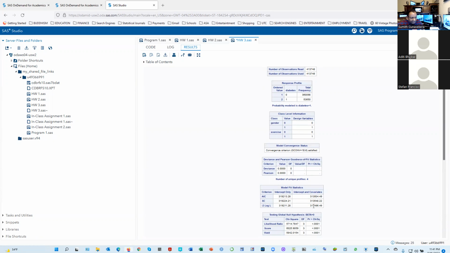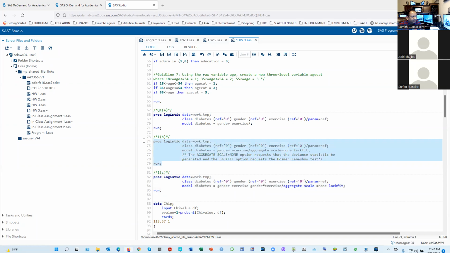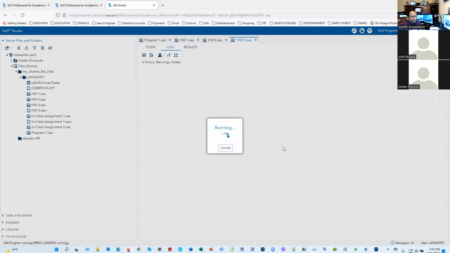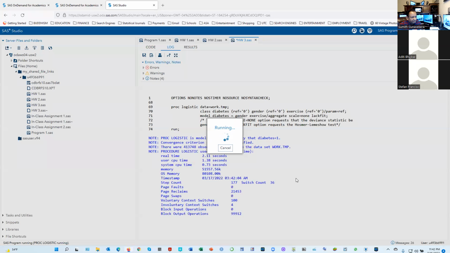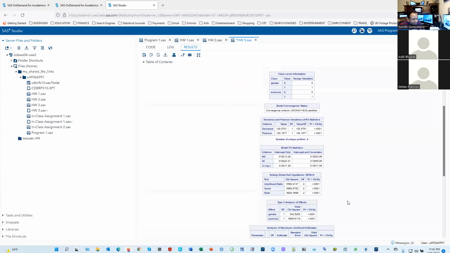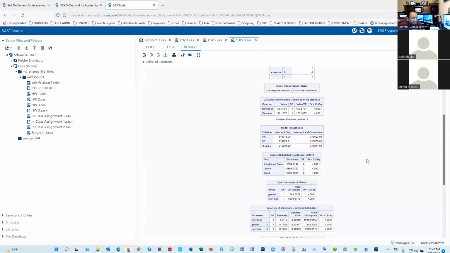I'm going to use a calculator: 31, 34, 96.49, minus the earlier one. Earlier, without that term, I ran that one and got a log likelihood of 31, 36, 17.06.